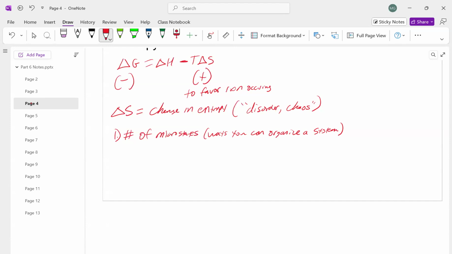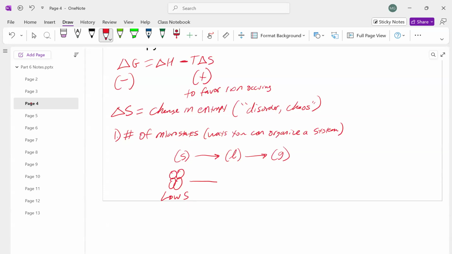So let's compare solid to liquid to gas, the three states of matter. In GChem, you know that solids have very low entropy because things are highly organized.